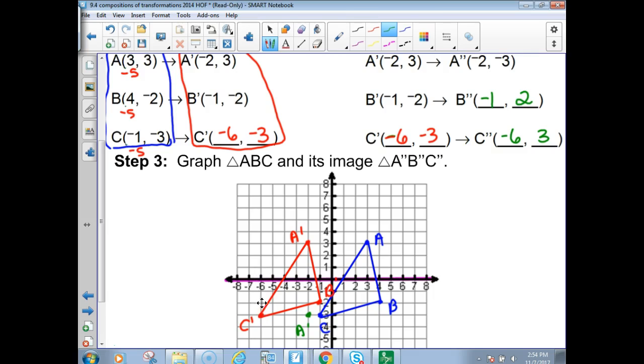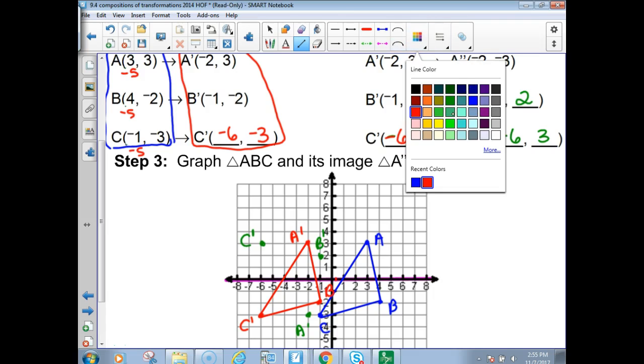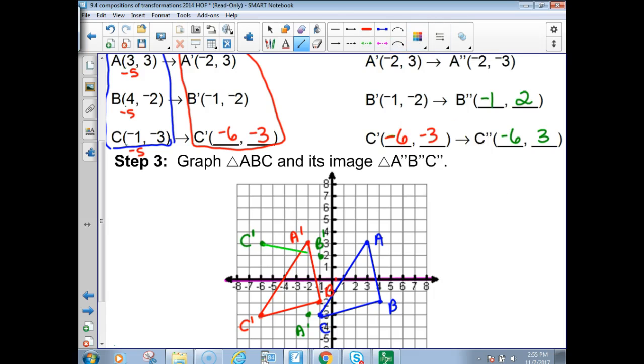If I reflect C over, it's 1, 2, 3 below, so you go 1, 2, 3 above. That should be at the point -6, 3, and it is. And B should be at -1, 2. Okay, that's B double prime, because we're reflecting the red one. Okay, and this is a glide reflection.